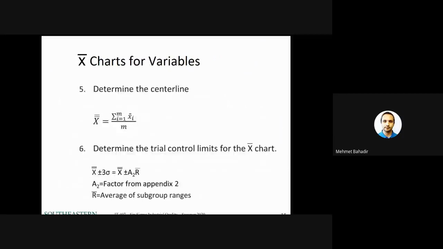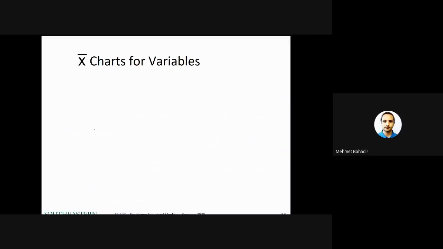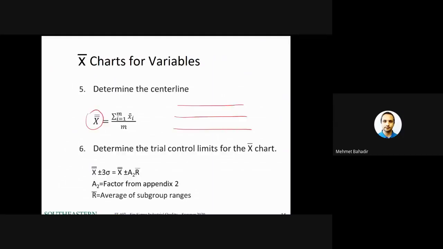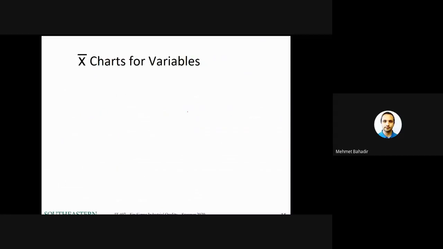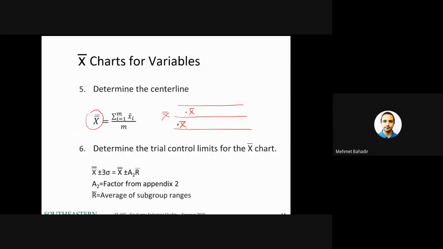All right. This is the formula. Don't worry about it too much. This is the X double bar that I have been talking about. X double bar is the center line. Each individual point that you see is an X bar: first subgroup, second subgroup, third subgroup average, fourth subgroup average.